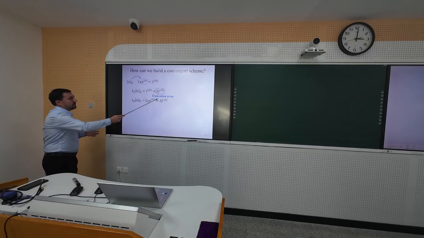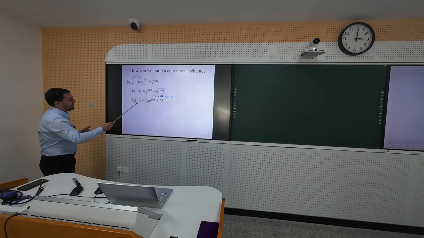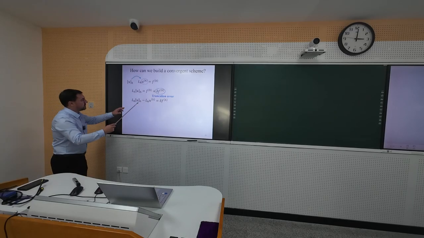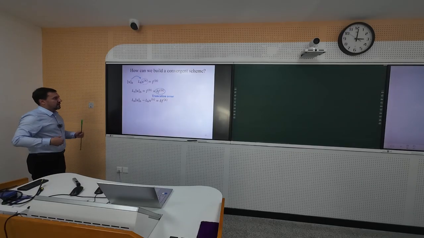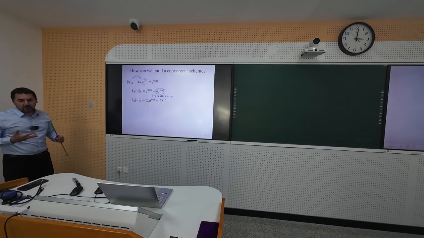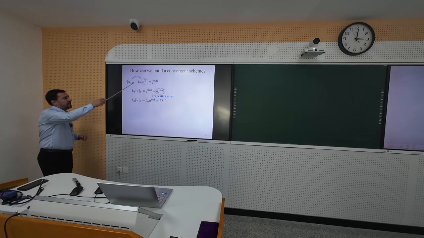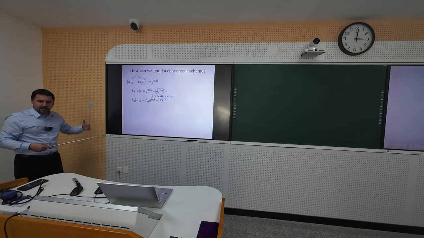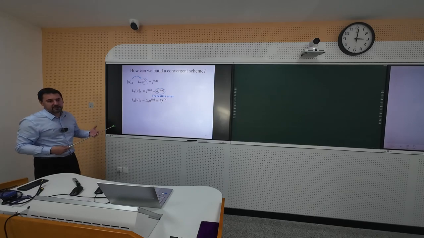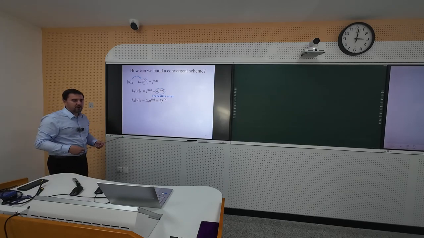Then we can express this truncation error like LHUH minus LHUH, where this is the exact solution and this is the numerical solution. And so the idea is the following: how can we understand that our numerical scheme LHUH is a good one or bad one? I mean, does it provide a good numerical solution or not?